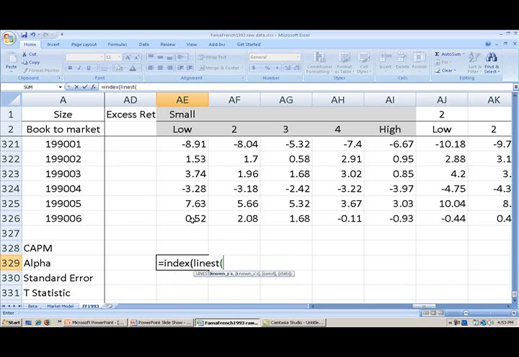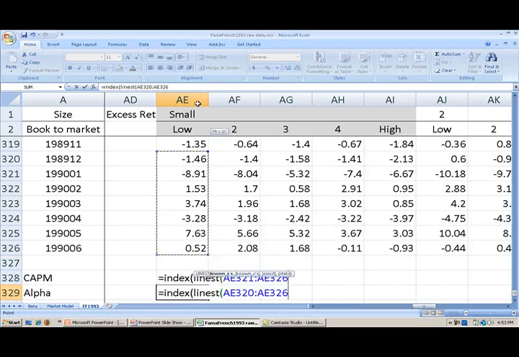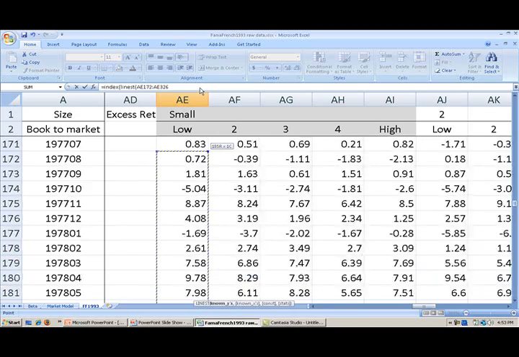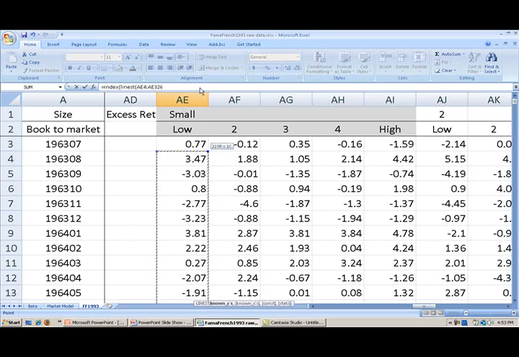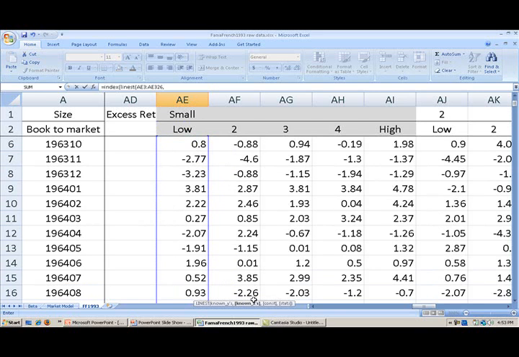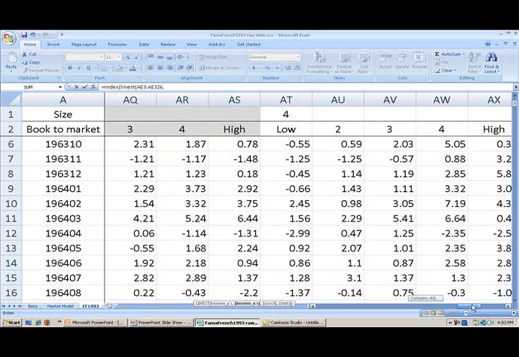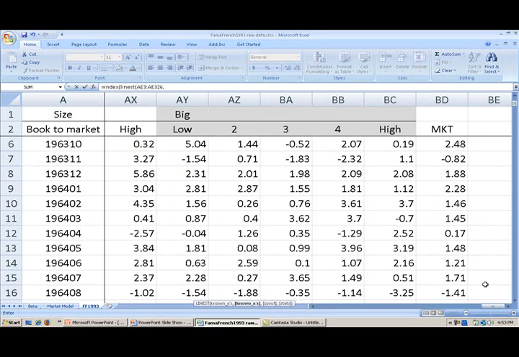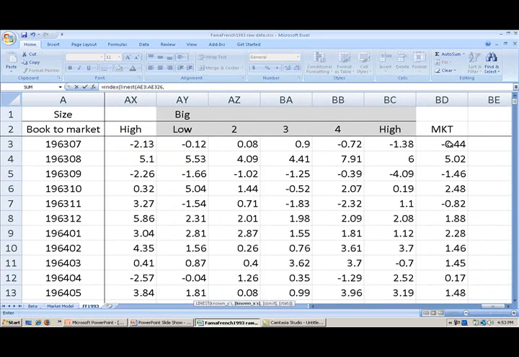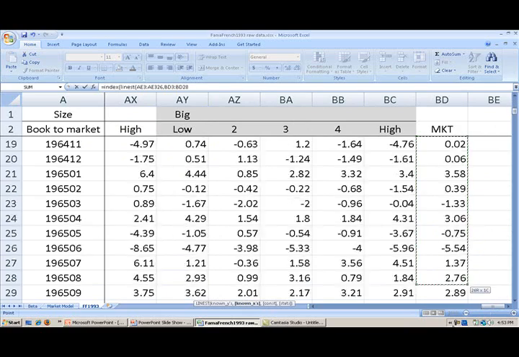That's going to be the returns on the small portfolio with low book to market. So let's select those cells. Comma. We now need to enter the known X's, the independent variable. That's going to be excess returns on the market. Let's select those.